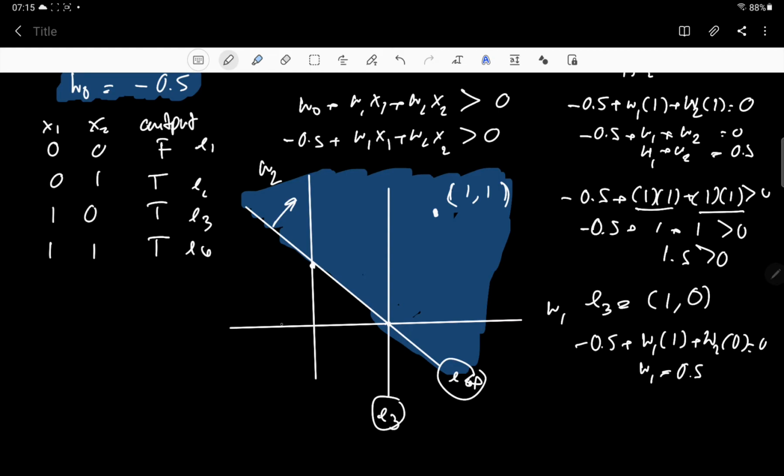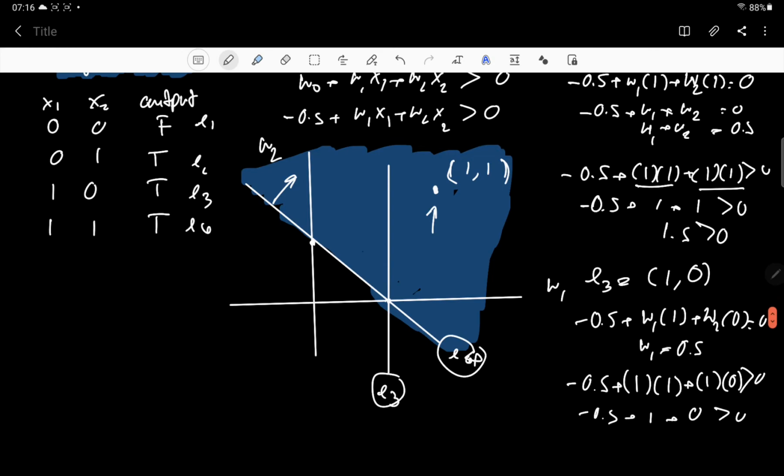If we choose the same point 1 1, it will be minus 0.5 plus 0.5 W1, right? W1 is 1, x1 is 1, plus W2 is 1, x2 is 0. Is it greater than 0? Look at this. Plus 1 plus 0.